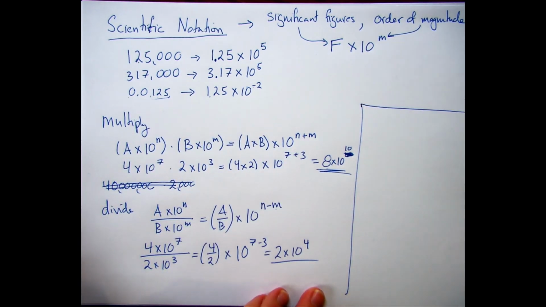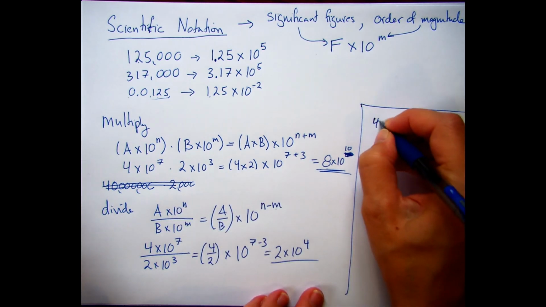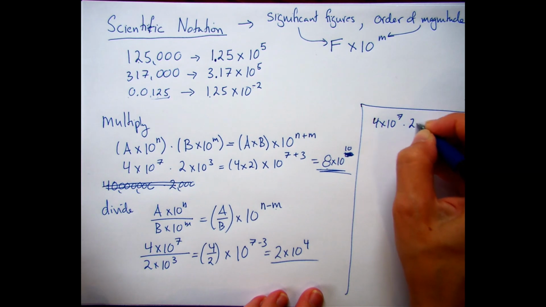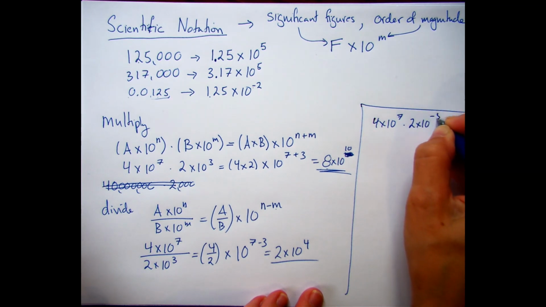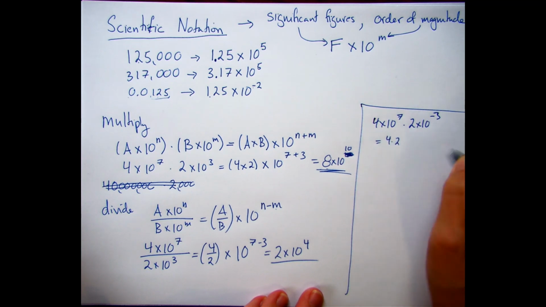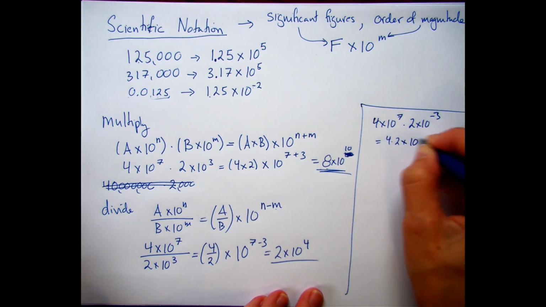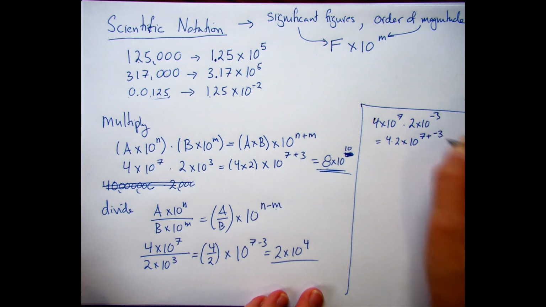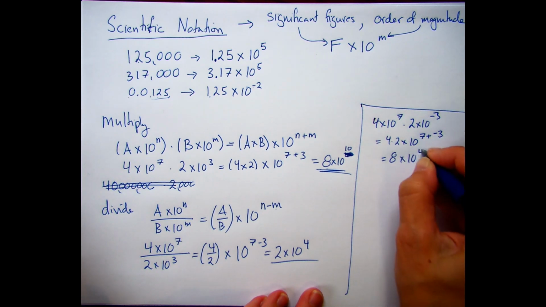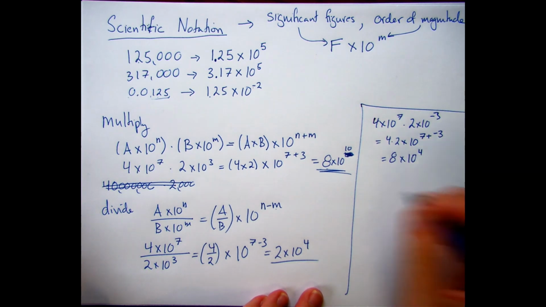So there, if we're doing that and we're multiplying, say it's 4 times 10 to the 7 times 2 times 10 to the negative 3 this time, then we'd still have 4 times 2 and 10 to the 7th, then it would be plus, but we're adding a negative number, so really it's minus. So that would be 8 times 10 to the 7 minus 3, or 8 times 10 to the 4.